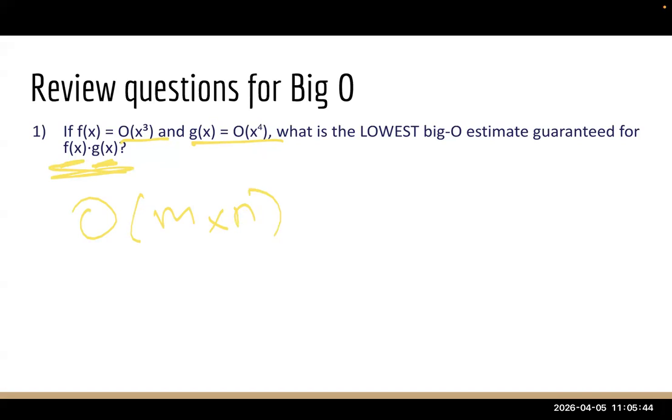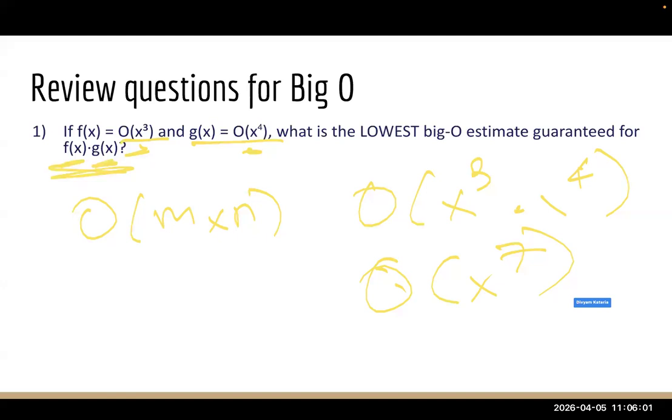What are our m and n values? Our m value is x cubed, our n value is x to the power 4. So O of m multiplied by n will be O of x cubed multiplied by x to the power 4, which will be O of x to the power 7. So the lowest big O estimate guaranteed for f(x) multiplied by g(x) will be O of x to the power 7.